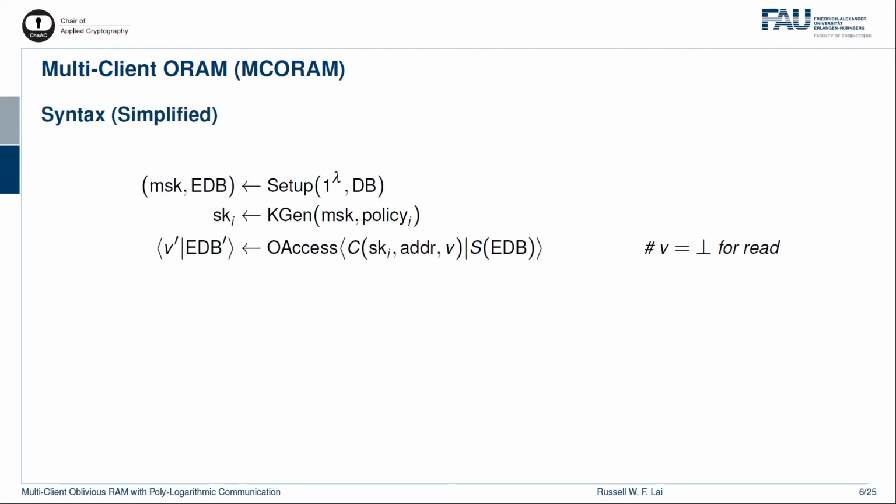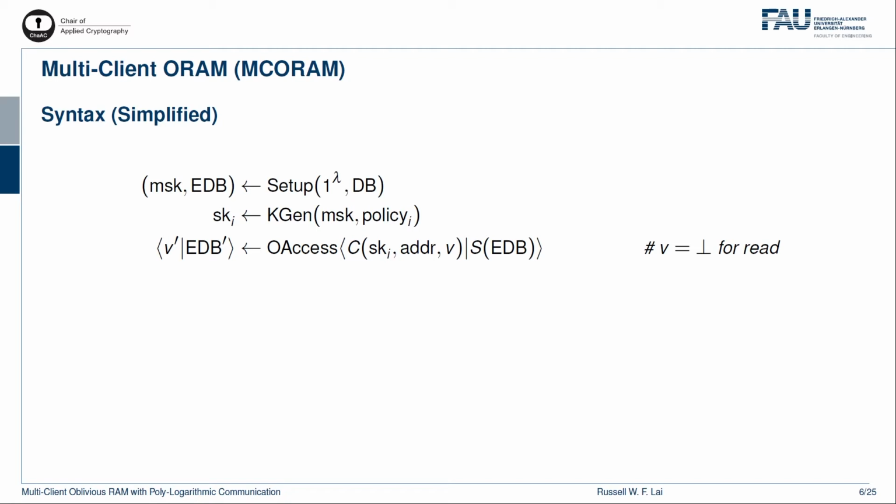A bit more formally, an MC-ORAM consists of a setup algorithm, a key generation algorithm, and an oblivious access protocol. The data owner can run the setup algorithm on a plaintext database and produce a master secret key and an encrypted database. He keeps the master secret key for himself and delegates the encrypted database to the server.